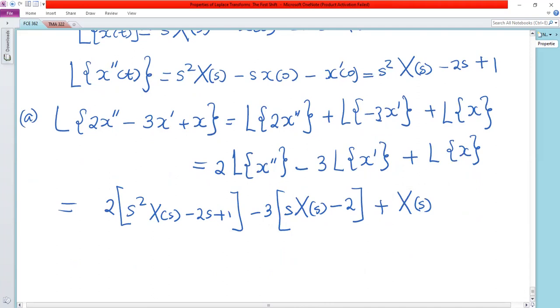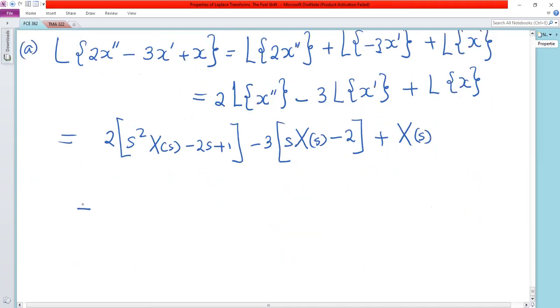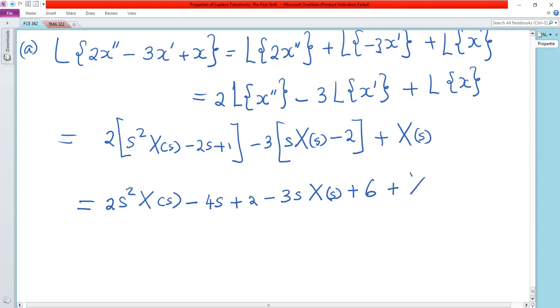So then let's open and simplify. I'll have 2s squared capital X of s minus 4s plus 2 minus 3s capital X of s plus 6 plus X of s.